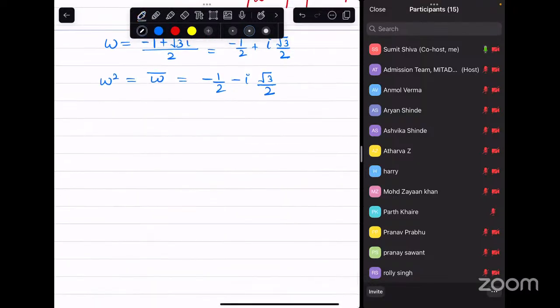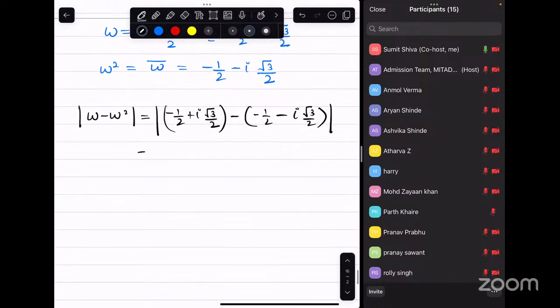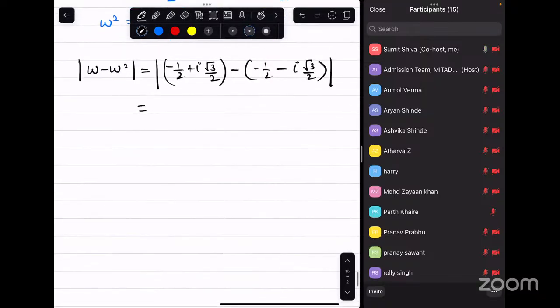Now I want to know what the length is. So I can write it as omega minus omega square. This will be omega, -1 by 2 plus iota root 3 by 2, minus omega square, -1 by 2 minus iota root 3 by 2. This will be -1 by 2 plus iota root 3 by 2, minus will be plus iota root 3 by 2.